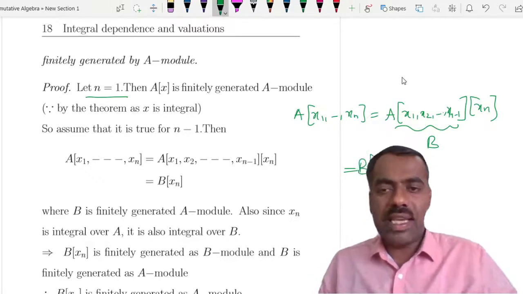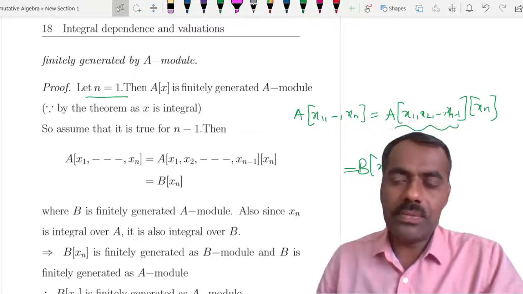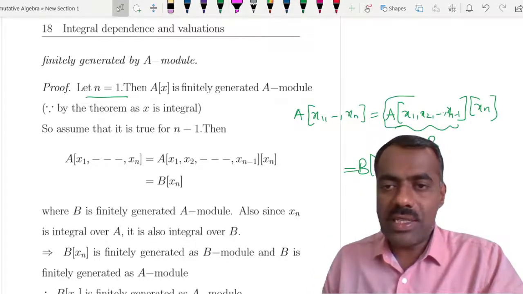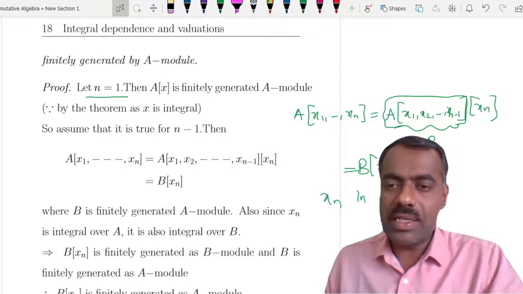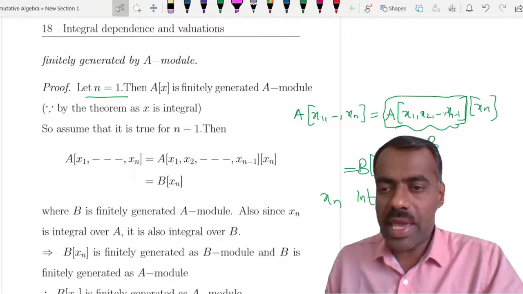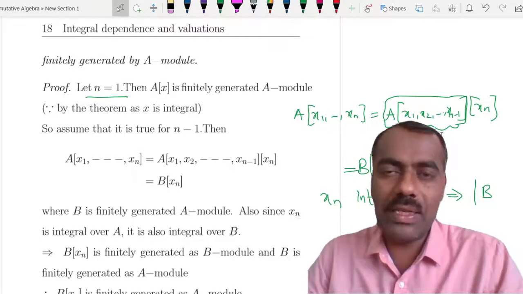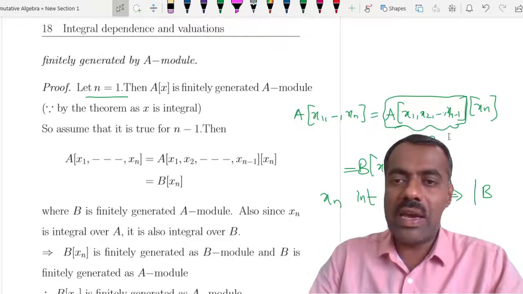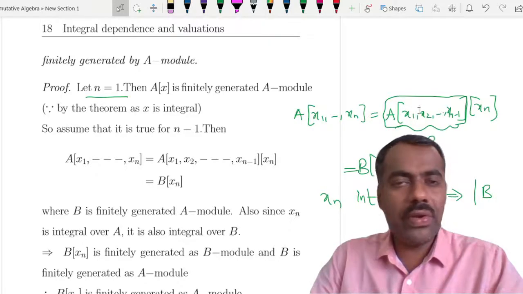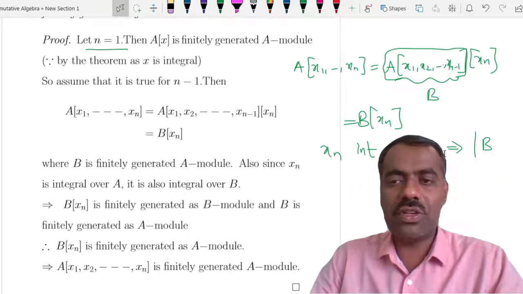Now this xn is integral over A, right? So in particular it is integral over this B also. So we are getting that xn is integral over A, which implies it is also integral over B, because B is nothing but A[x1, x2, ..., xn minus 1]. Whatever polynomial we have over A, that same polynomial works for A[x1, x2, ..., xn minus 1].